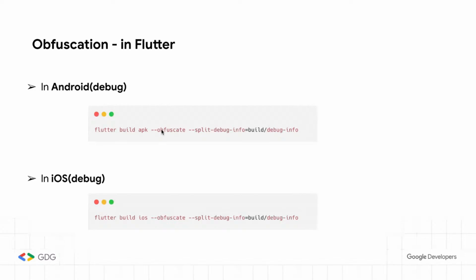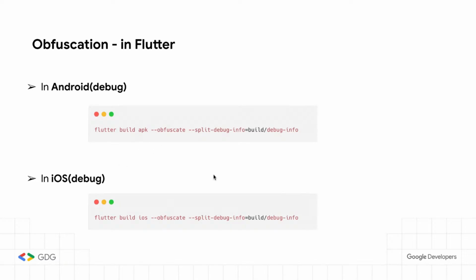Now, how can we achieve obfuscation? One of the ways that we can apply obfuscation in Flutter is in Android. We can use the hyphen hyphen obfuscate flag, which means build an APK in debug and obfuscate my source code, so that at any point in time, if anybody gets hands on this APK, they will not be able to reverse engineer it.